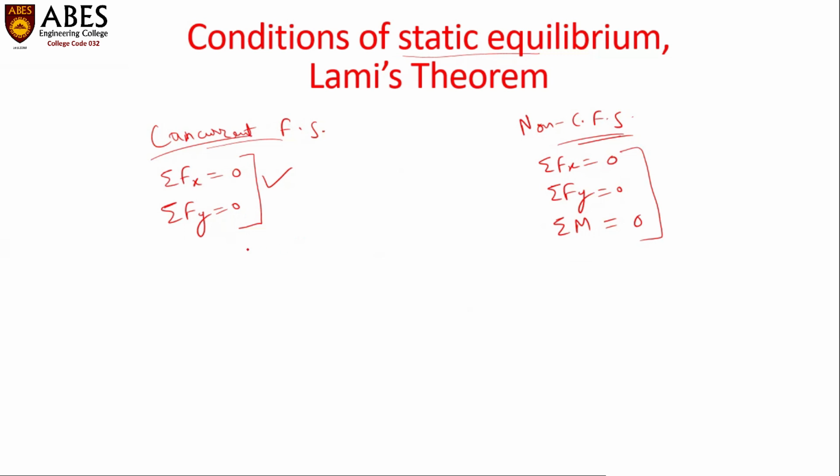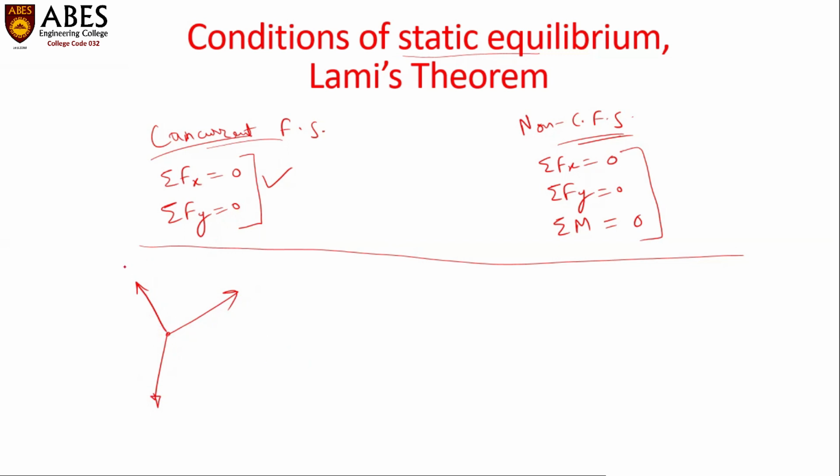And what is Lami's theorem? It is a well-known theorem. If there are three forces, a coplanar, concurrent force system, so if three coplanar concurrent forces are acting at a particular object, concurrency is there.